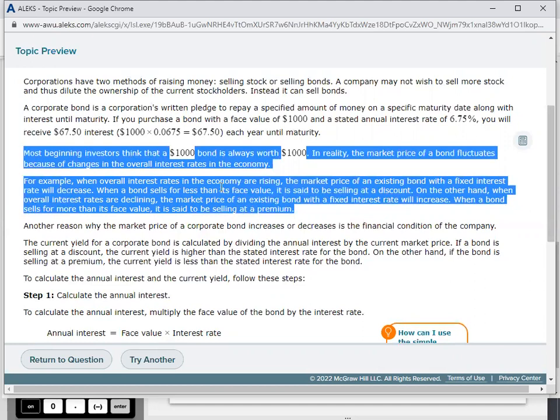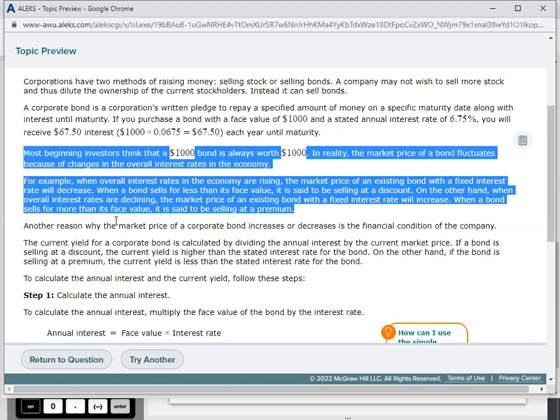When a bond sells for less than its face value, it is said to be selling at a discount. Ouch. On the other hand, when overall interest rates are going down, the market price of a bond goes up. When a bond sells for more than its face value, we say it's selling at a premium.